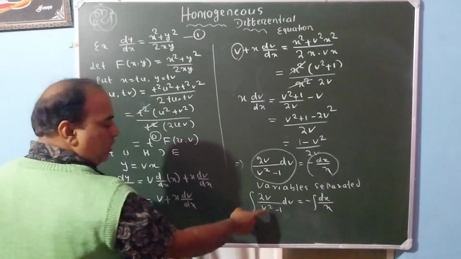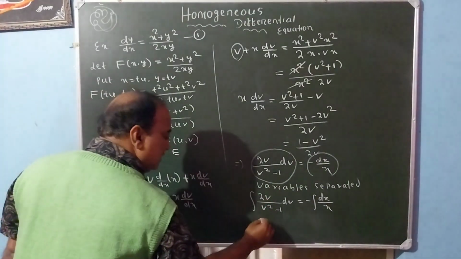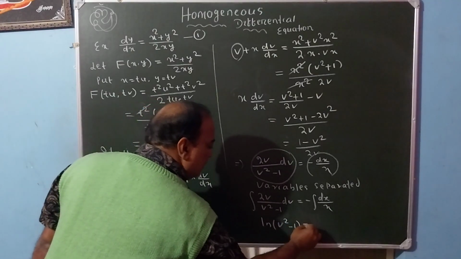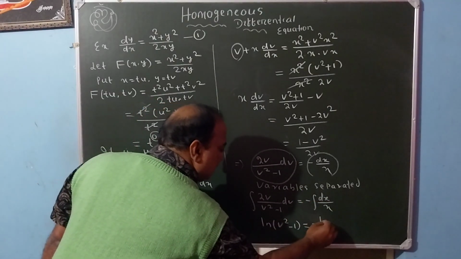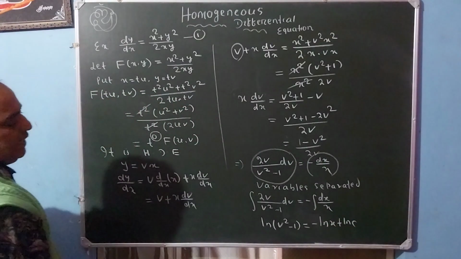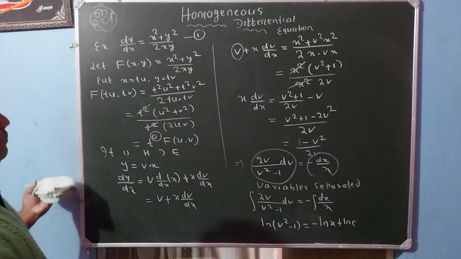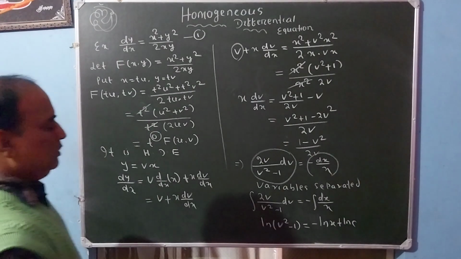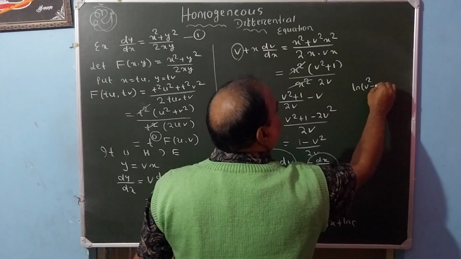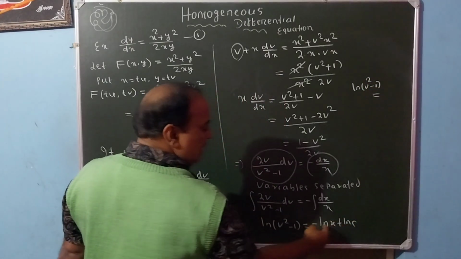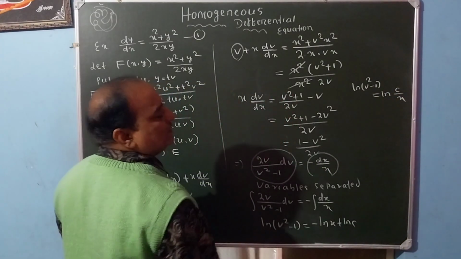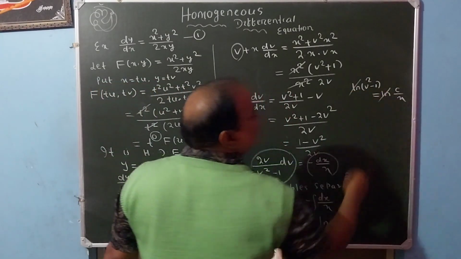Derivative of the denominator is on the numerator, so the integral is ln (v square minus 1). Integration of this side is minus ln x plus ln c. Okay. So now we get ln (v square minus 1) is equal to ln a minus ln b, ln (c by x). So this ln cancels.